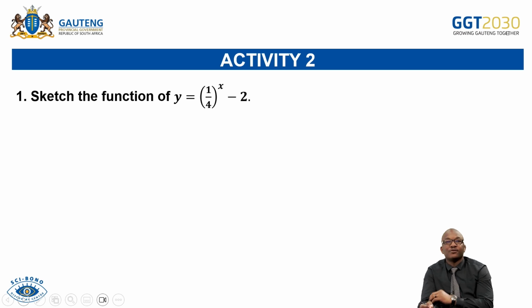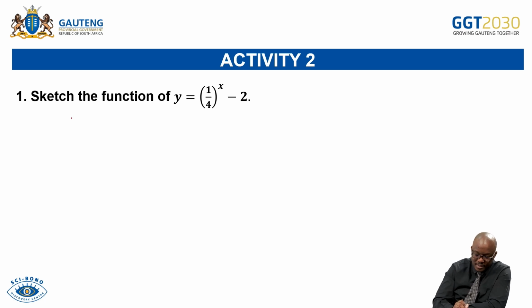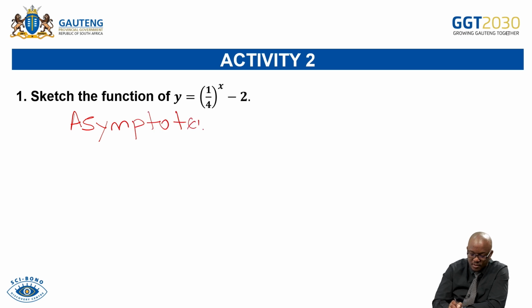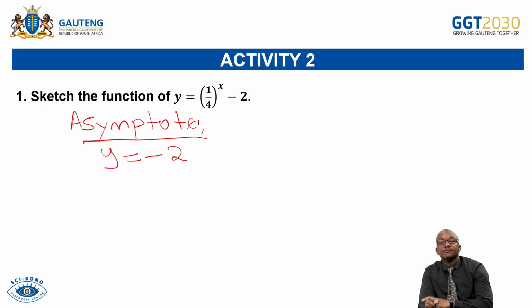Let's look at the second one, where our function now is y is equal to 1/4 to the exponent of x minus 2. Always, you will be required to determine the equation of the asymptote. Remember, y is equal to the value of q, which is -2.